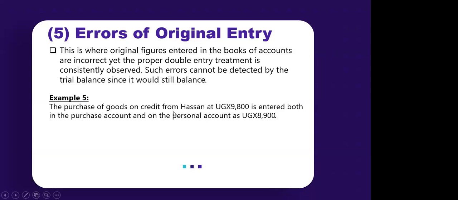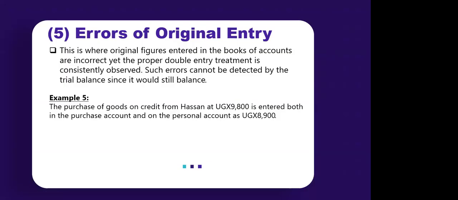However, if in this scenario, for example, they had said the purchase of goods on credit from Hassan at 9,800 is entered maybe in the purchases account as 9,800 and on the personal account as 8,900. Automatically, you can see that has affected your trial balance.